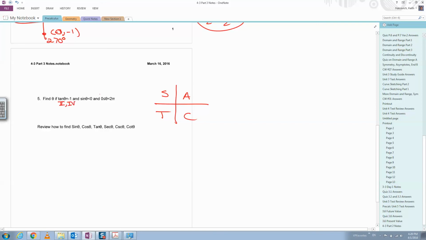The sine is negative in the third and fourth. So that means our angle has to be in the fourth quadrant.